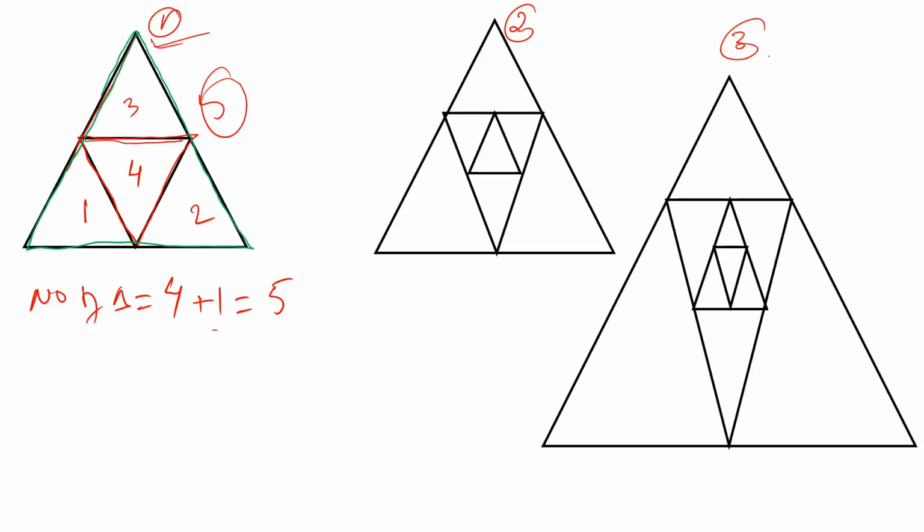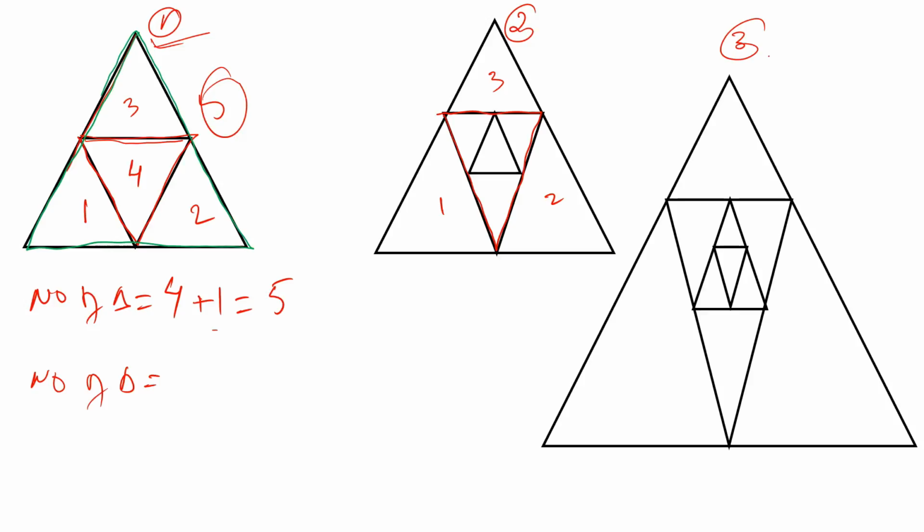And in figure number 2, we see that there are 2 inner triangles, and we know one inner triangle forms 4 triangles. This is 1, 2, 3, and 4.